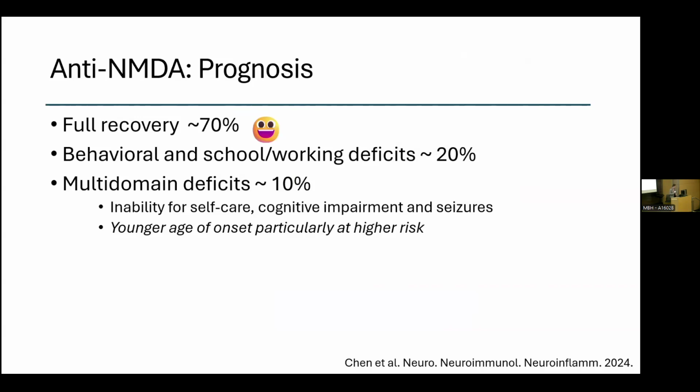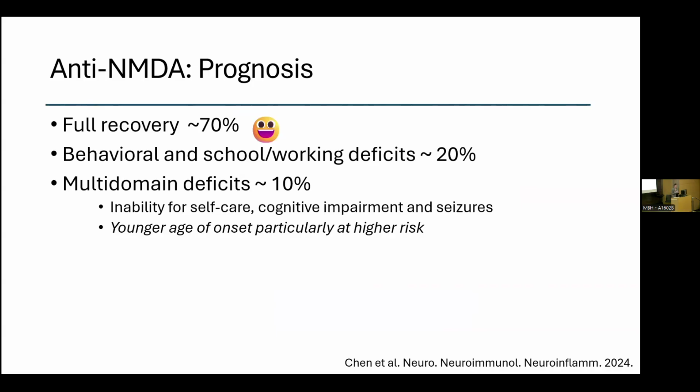Nonetheless, in general, patients actually do really well. So some studies suggest that up to 70% of kids actually make a complete recovery. 20% will have some level of behavioral and school working deficits. They'll need IEPs, 504 plans. And then in a minority of patients, they'll really struggle with multi-domain deficits.